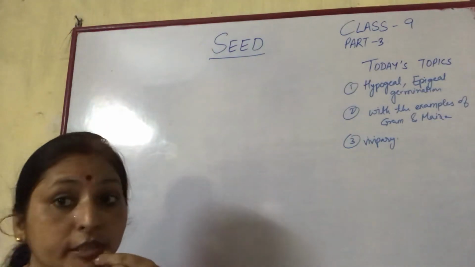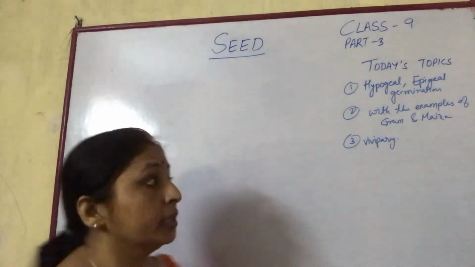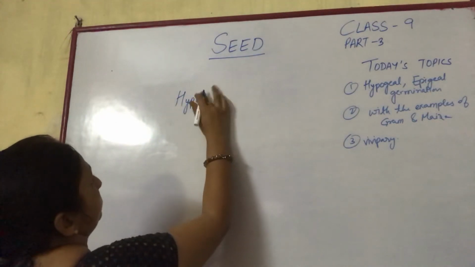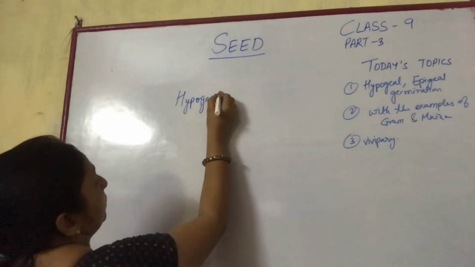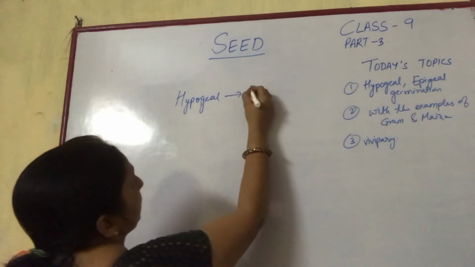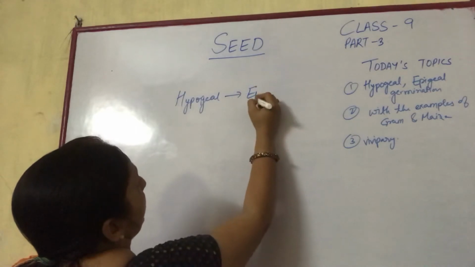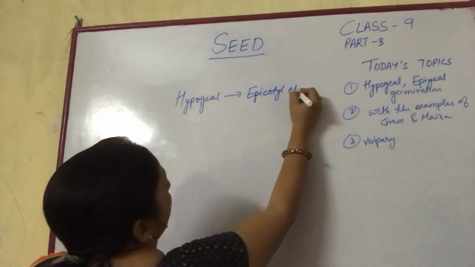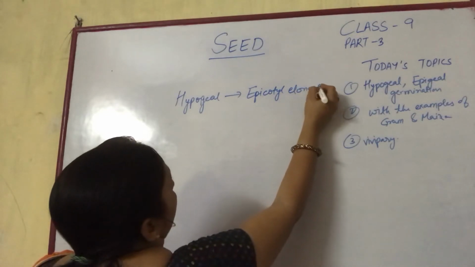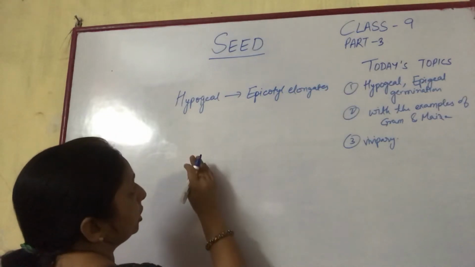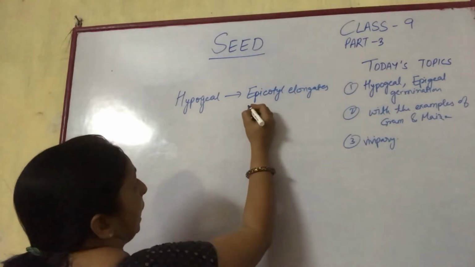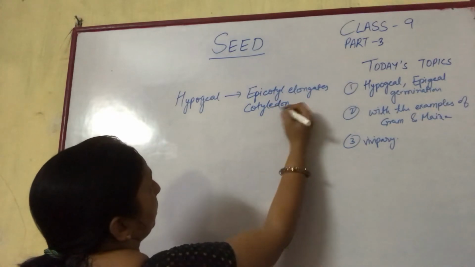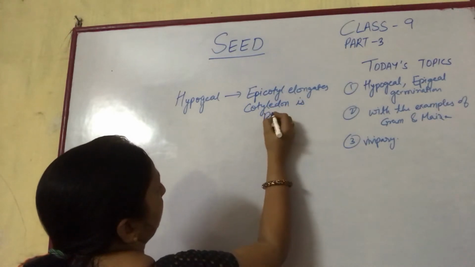First is hypogeal germination. There are two types of germination, and the first is hypogeal. When it is hypo, the word opposite of hypo is epi. In hypogeal germination, the epicotyl elongates and the cotyledon is pushed downward.